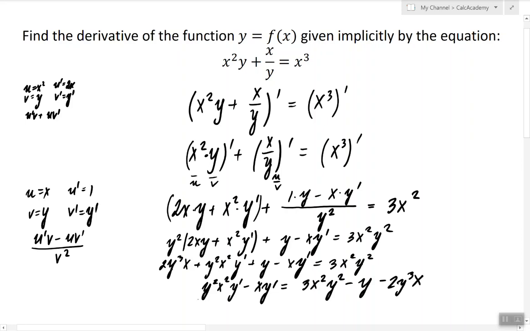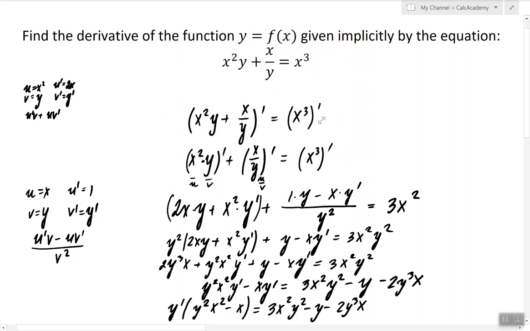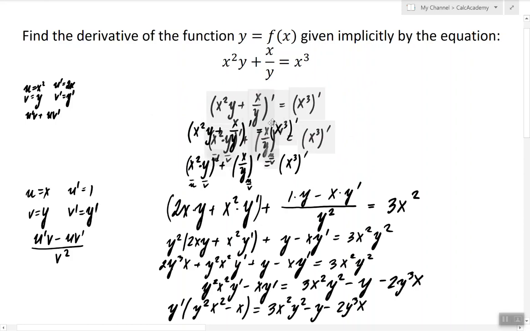And now we factor out y prime here. So we have y prime times (y squared x squared minus x), all that is equal to 3x squared y squared minus y minus 2y cubed x. And finally, we can now isolate y prime.